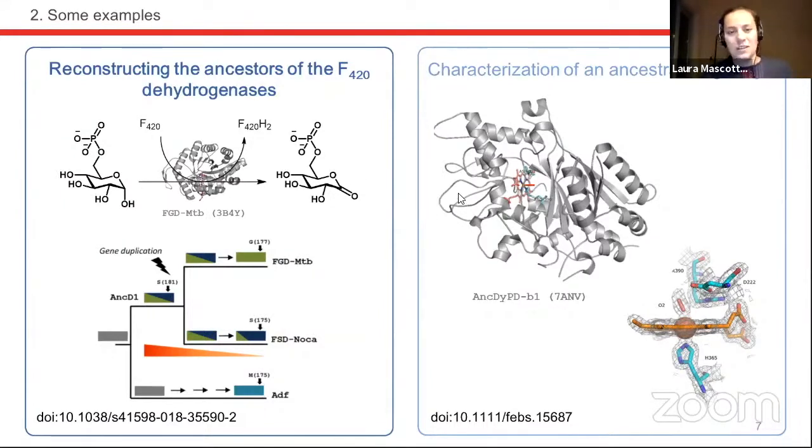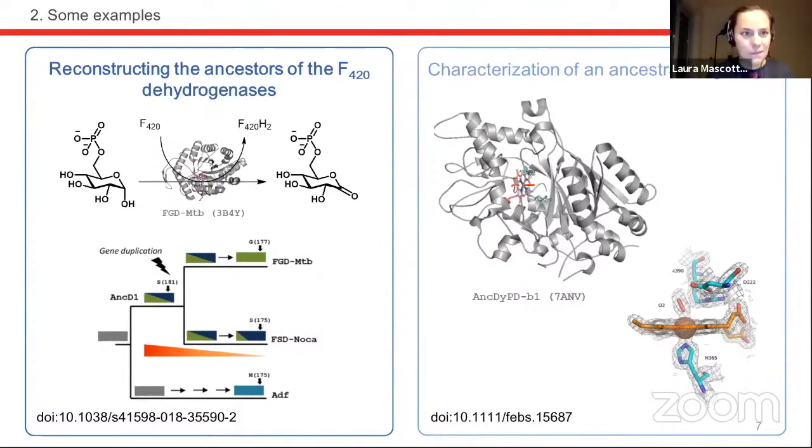Also, in a different study, we worked on characterizing some ancestral fungal decolorizing peroxidases, and we were able to solve the structure and to understand how the environment around the cofactor modulates the activity of these enzymes.